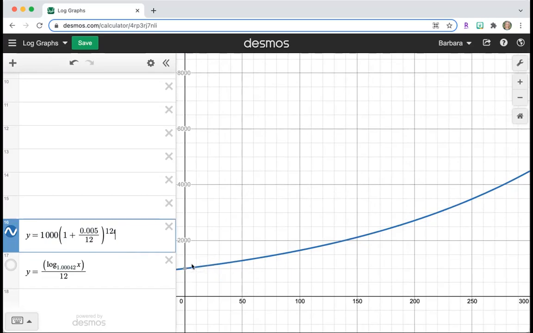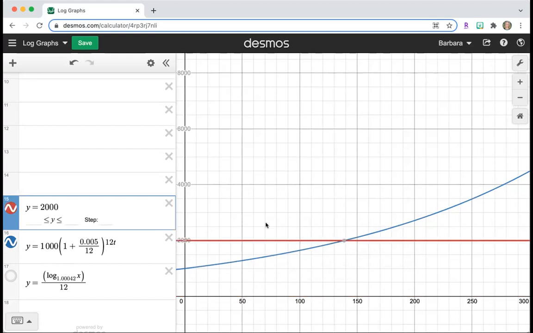So from this graph, it's not that hard to see how we made the window. We could scroll out and say, when does this graph equal 2,000? And we can see it's about right in there. You can even, as you saw before, say we want Y to be 2,000, and it gives you that intersection point right there.